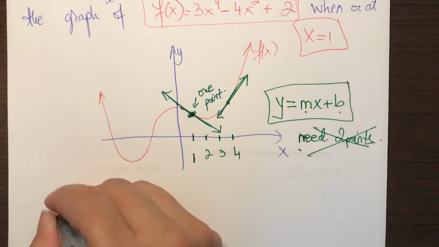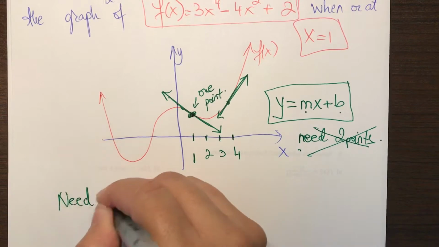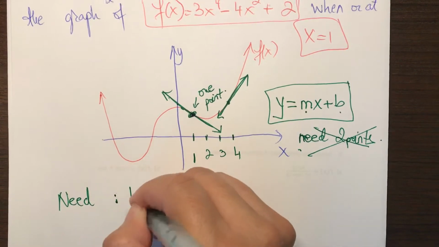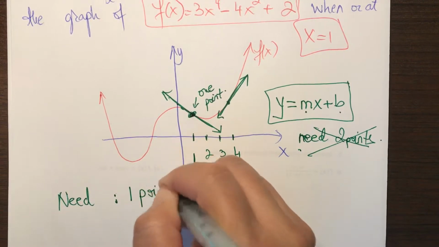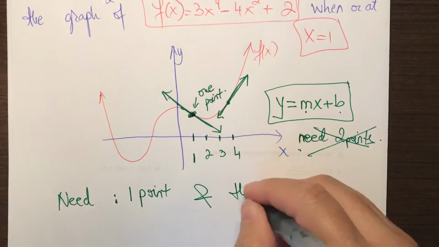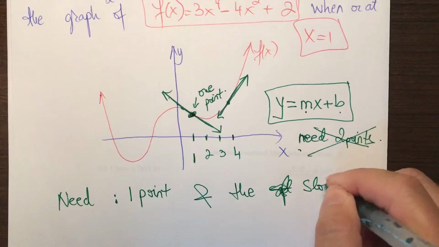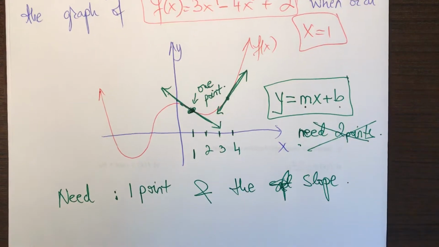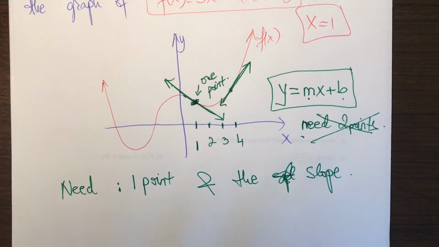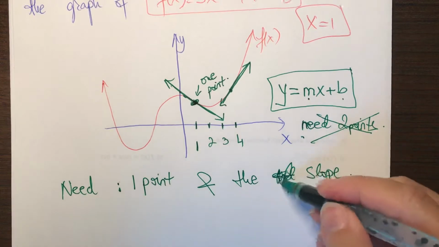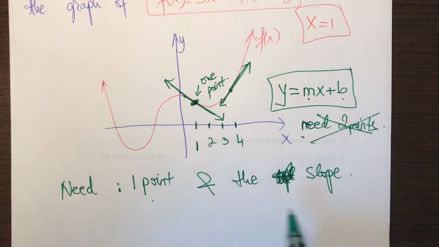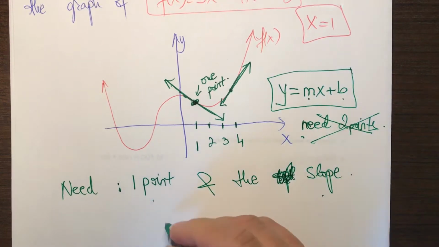I could be given this 1 point and the slope. By the way, you have learned a different formula which you don't necessarily need to remember, called the point slope formula for the equation of a line.